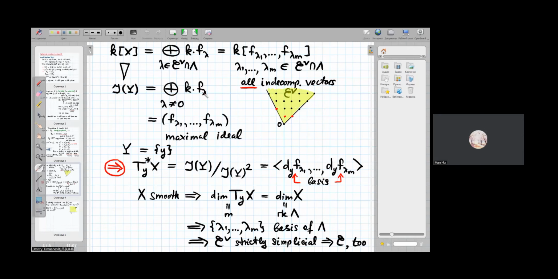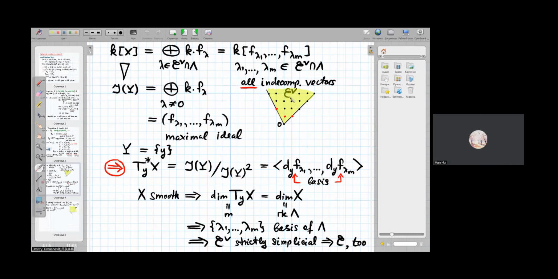And all invariant divisors, all t-stable divisors containing the closed orbit correspond to extremal rays of the dual cone C. So the condition is that this lambda must have positive pairing with at least one of the extremal rays of the dual cone.